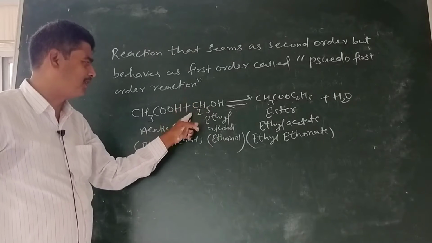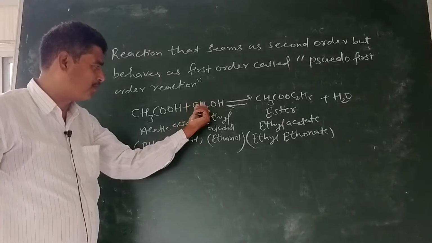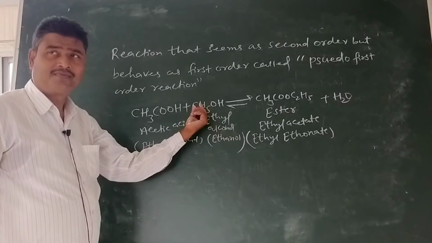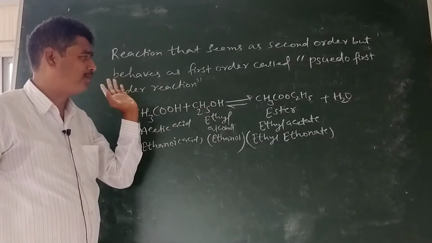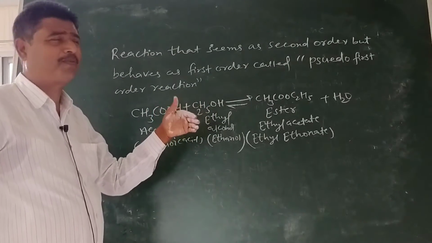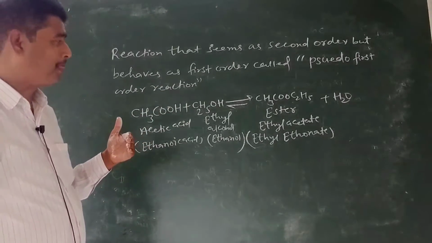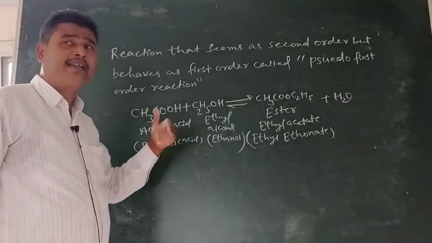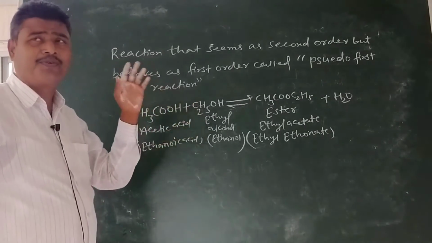So here 1 mole alcohol is used. Thus, power of concentration of alcohol will be 1. So for forward as well as for backward, for both, rate really depends on the concentration of either of the components.